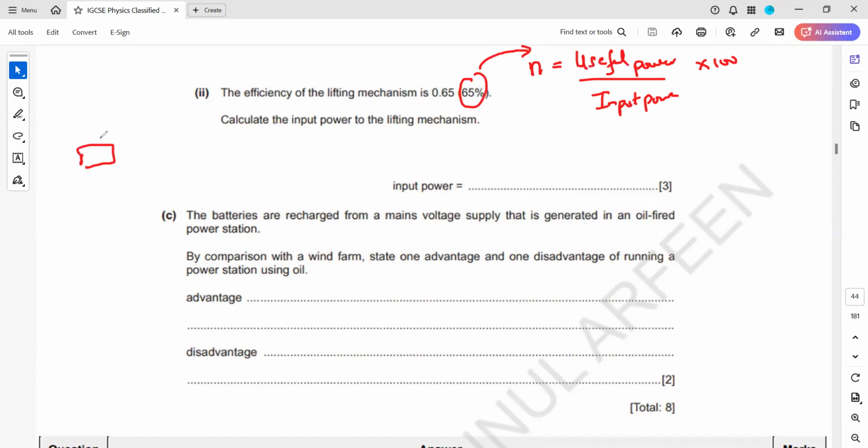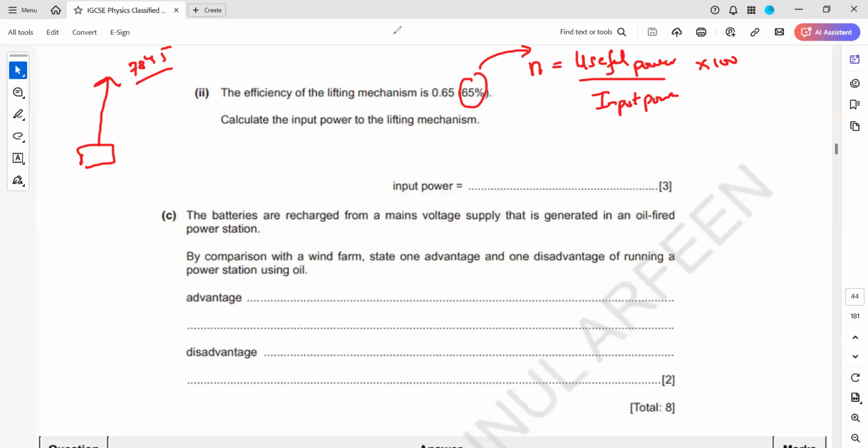We know the useful energy, because when the forklift lifts an object, how much energy was there? 784 joules of energy was there. But efficiency is useful power divided by total power input multiplied by 100.